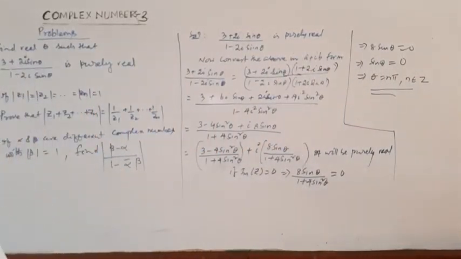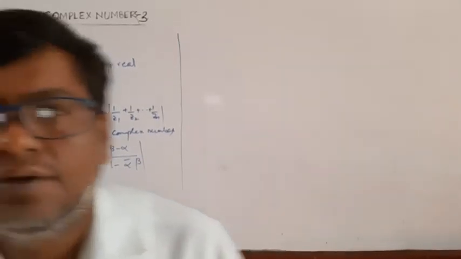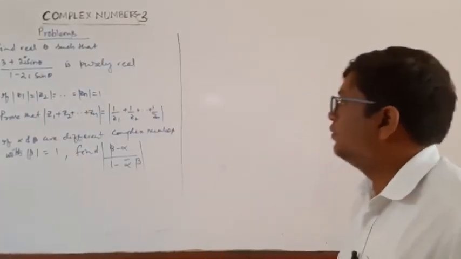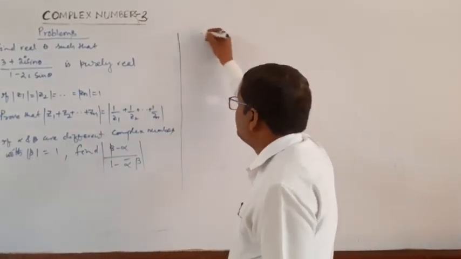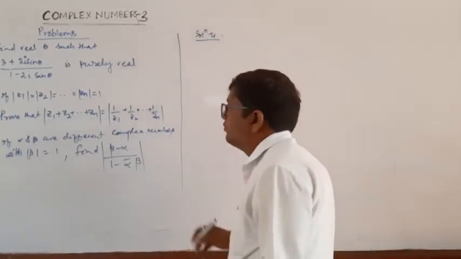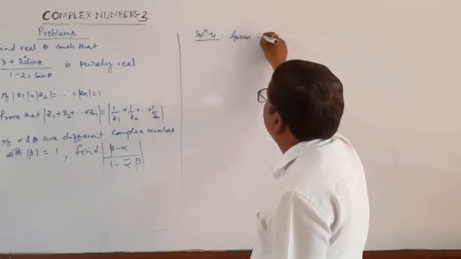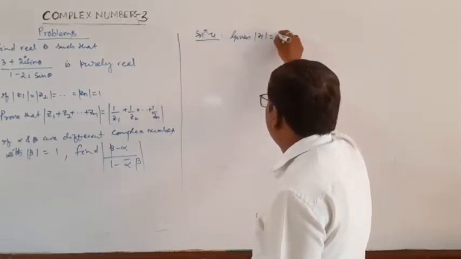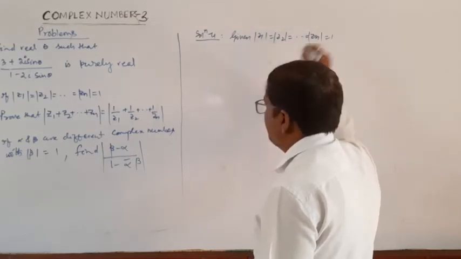Now another question, that is solution of question number 4. Given |z1||z2|...|zn| is equal to 1.